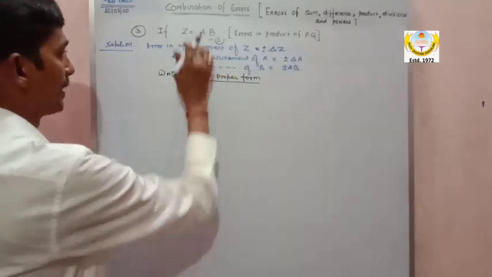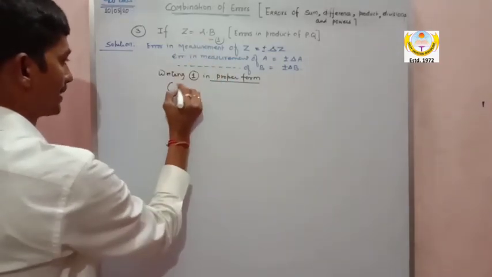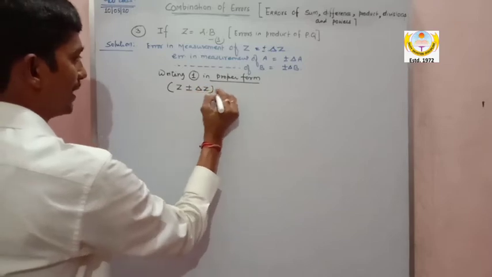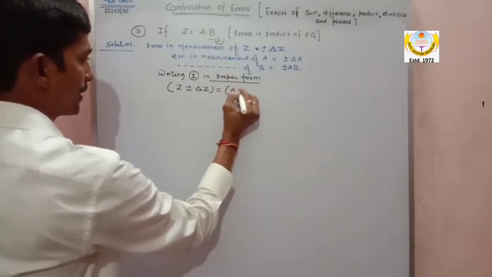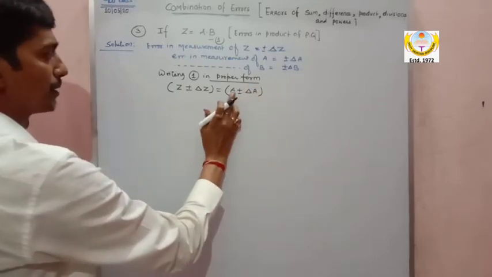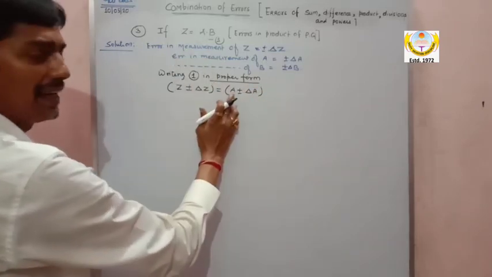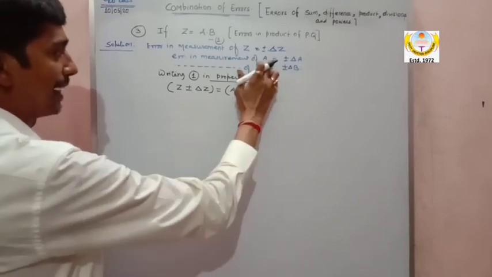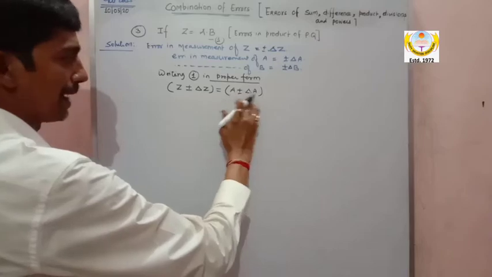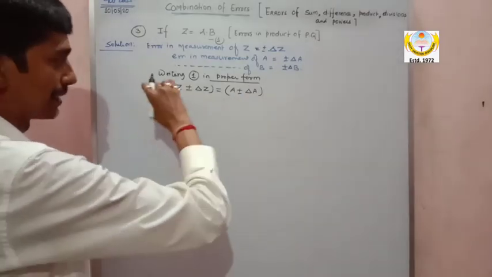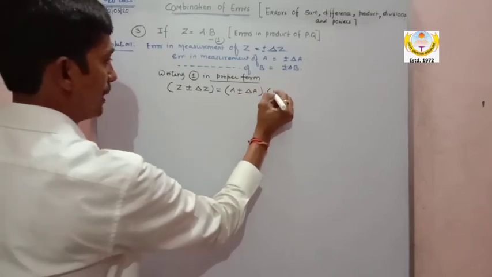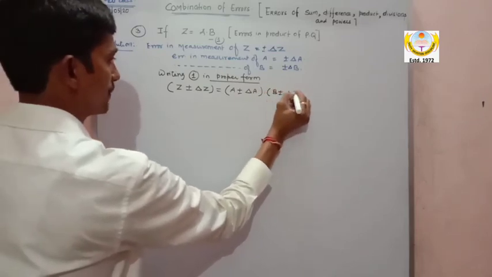So when I write it in proper form, this will be written as Z, that is the true value, plus minus error in Z, delta Z, is equal to A plus minus delta A, because this is the true value of A and plus minus delta A is the error in A, into B plus minus delta B.